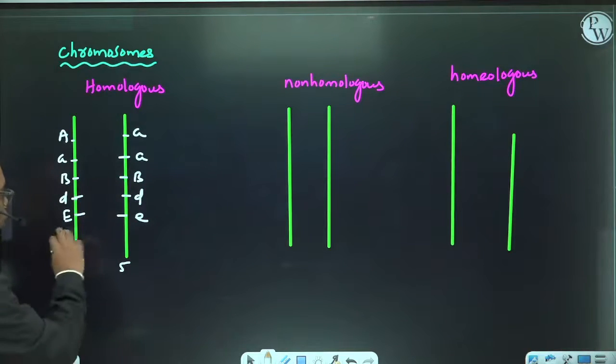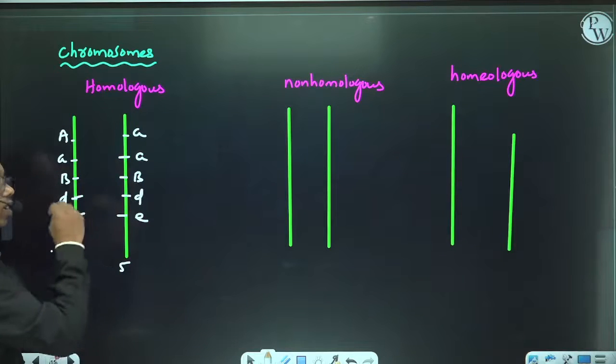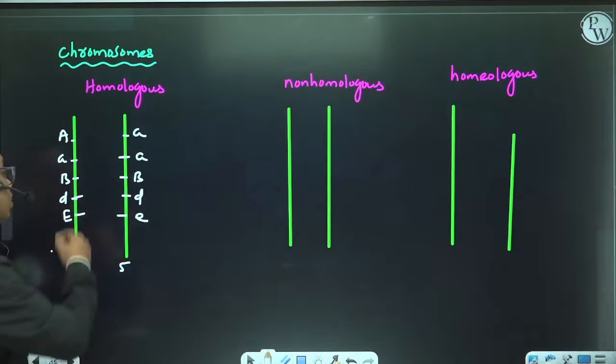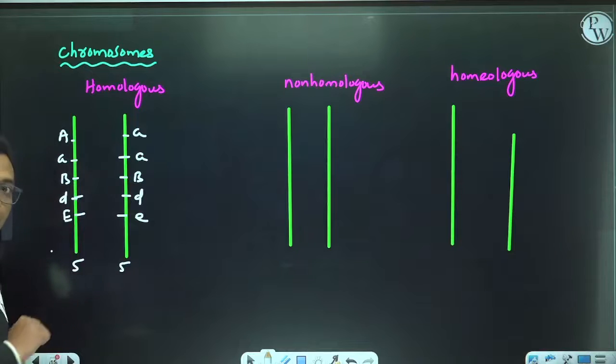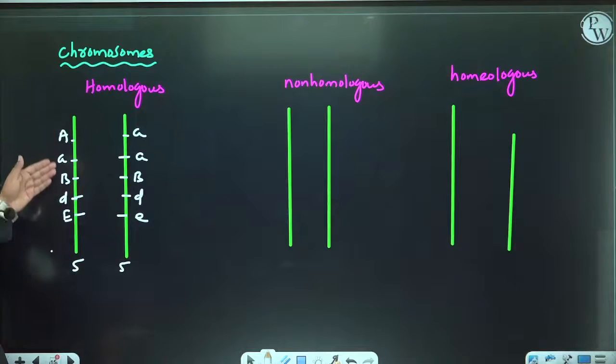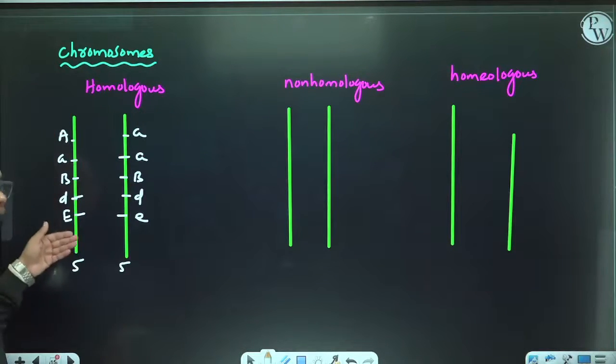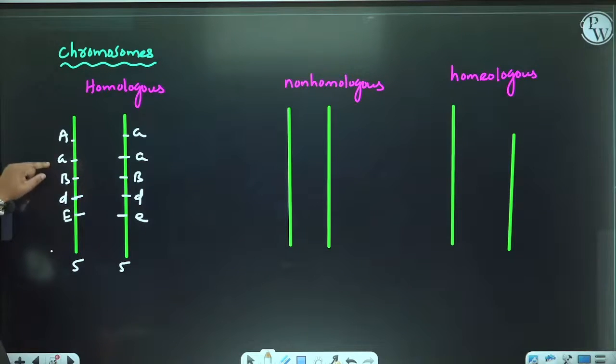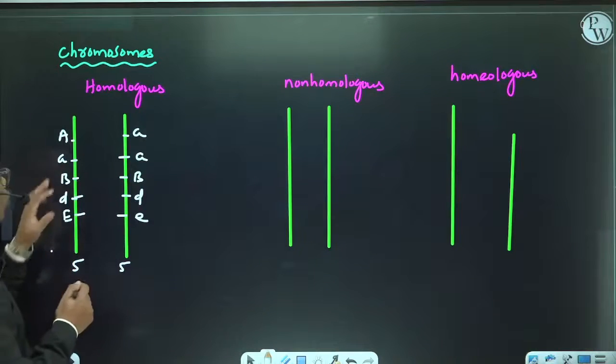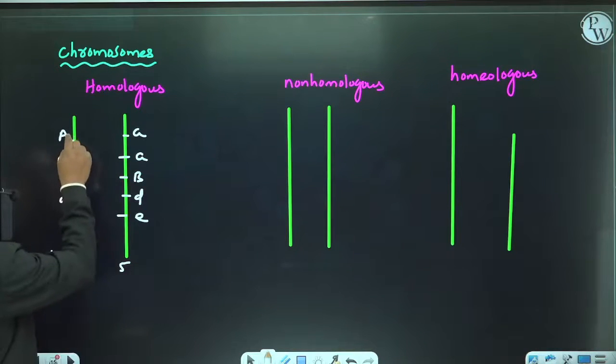So you can see both these chromosomes have the same types of genes, the same sequence of genes and the same number of genes. Here I have A, B, D, E. Here also A, B, D, E is present. You may say, sir, the sequence here is capital A, small a.